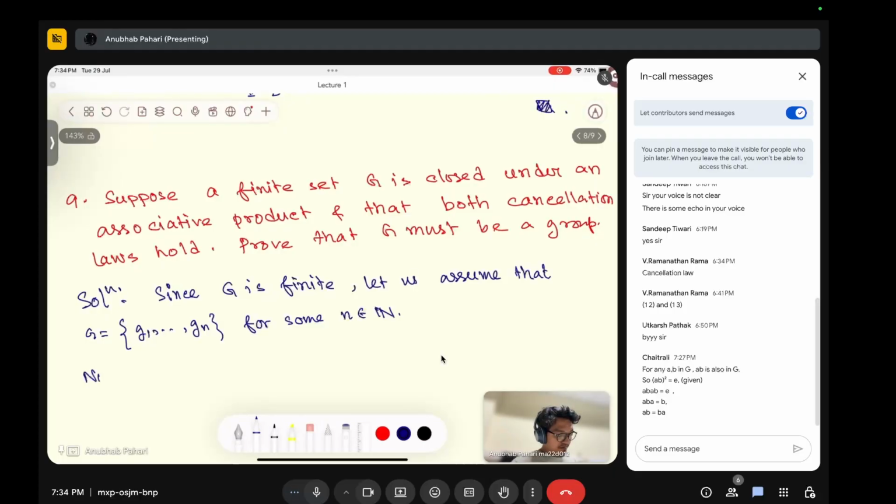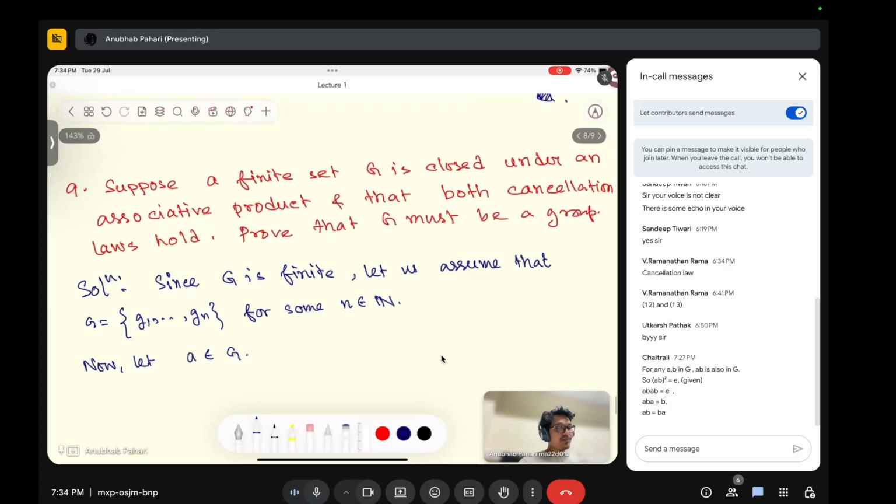Now let a belong to G. a can be any of the gi's. Consider the set S equals {a dot g1, a dot g2, up to a dot gn}.